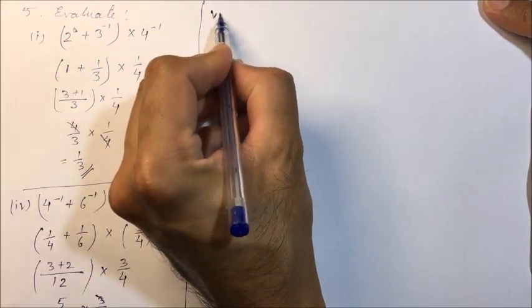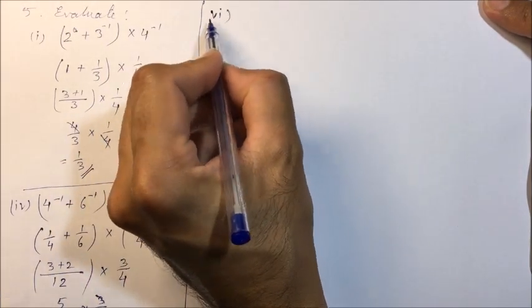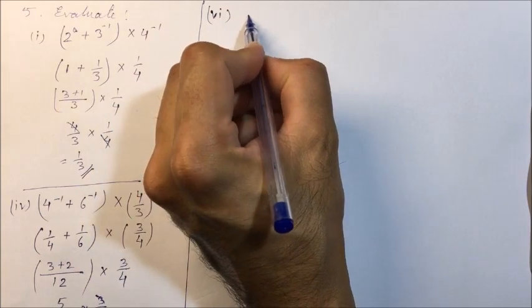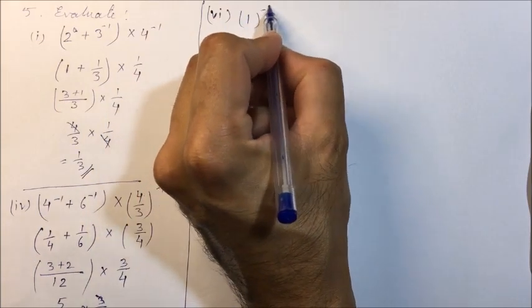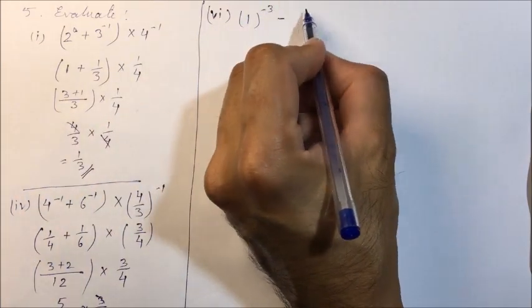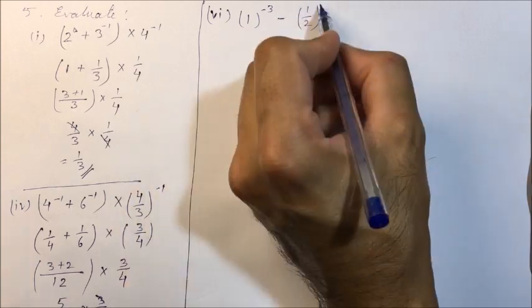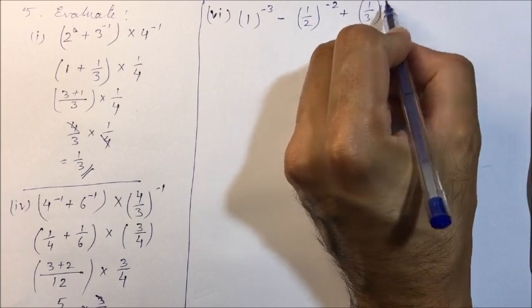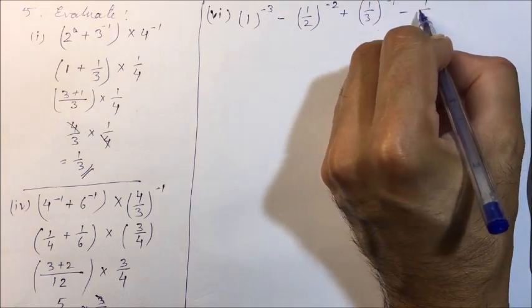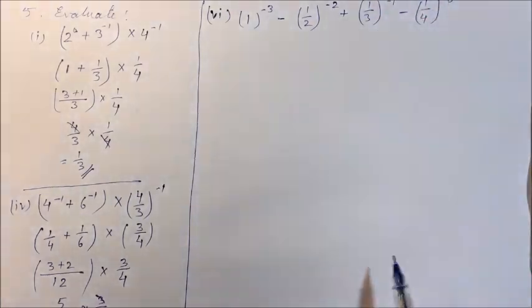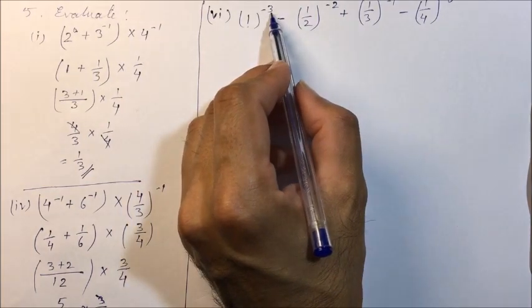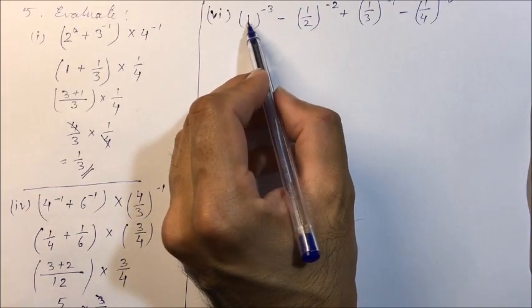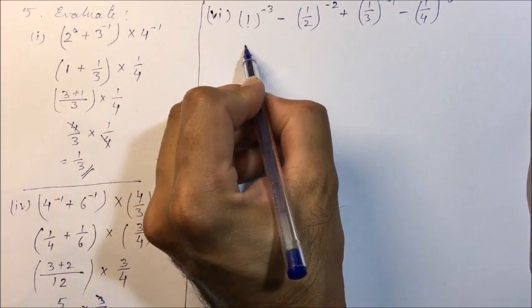Now, sixth one. 1 raised to power minus 3 minus 1 upon 2 raised to power minus 2 plus 1 upon 3 raised to power minus 1 minus 1 upon 4 raised to power 0. 1 raised to power minus 3: any 1 raised to any power will always be 1.